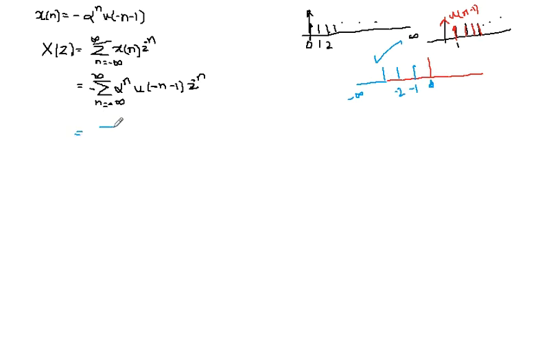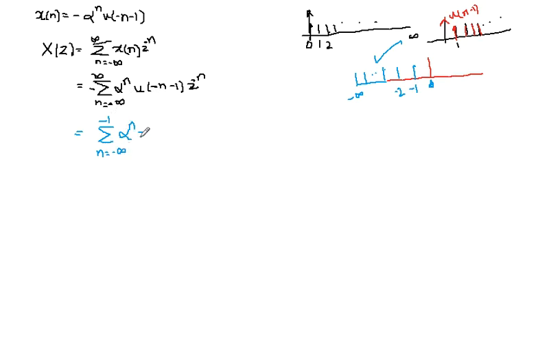The summation will not run from minus infinity to plus infinity because the signal is not there from 0 onwards. So let's write n equal to minus infinity as it is, because the signal is existing at minus infinity, and the highest value would be minus 1. Alpha raised to n has already been taken into account in the summation.